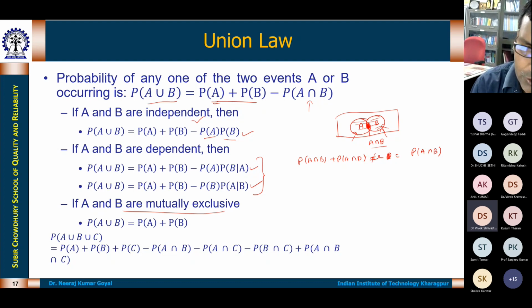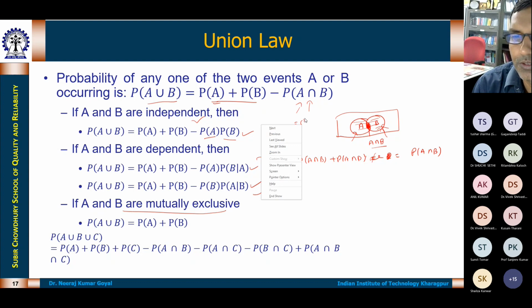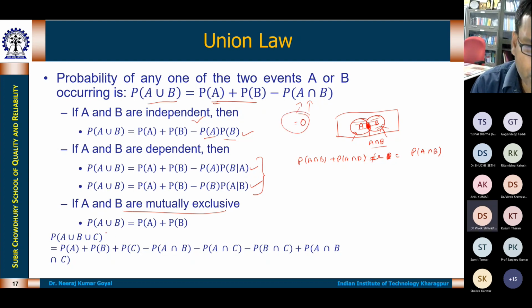If they are mutually exclusive, then what will happen? The intersection will be zero. The probability of intersection will be zero. They cannot be together. So in that case, the probability of A union B will be equal to the probability of A plus the probability of B. But this condition also rarely comes in reliability analysis.